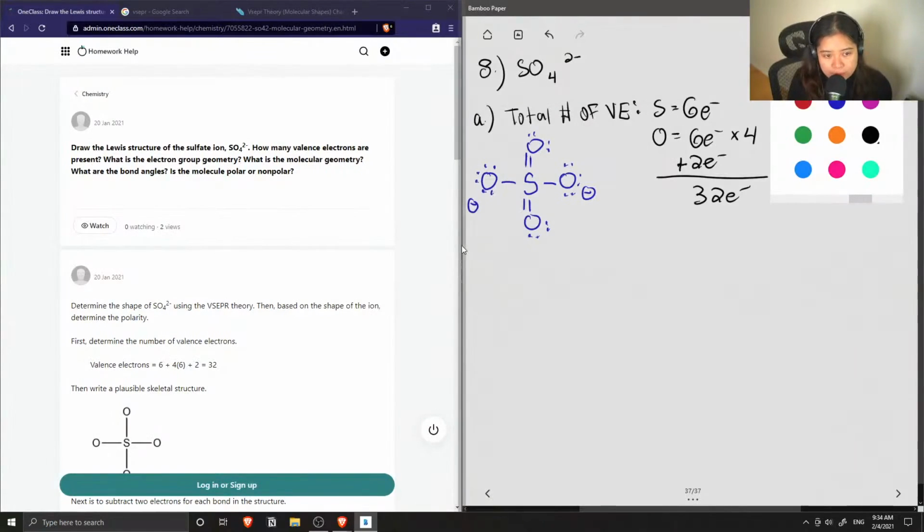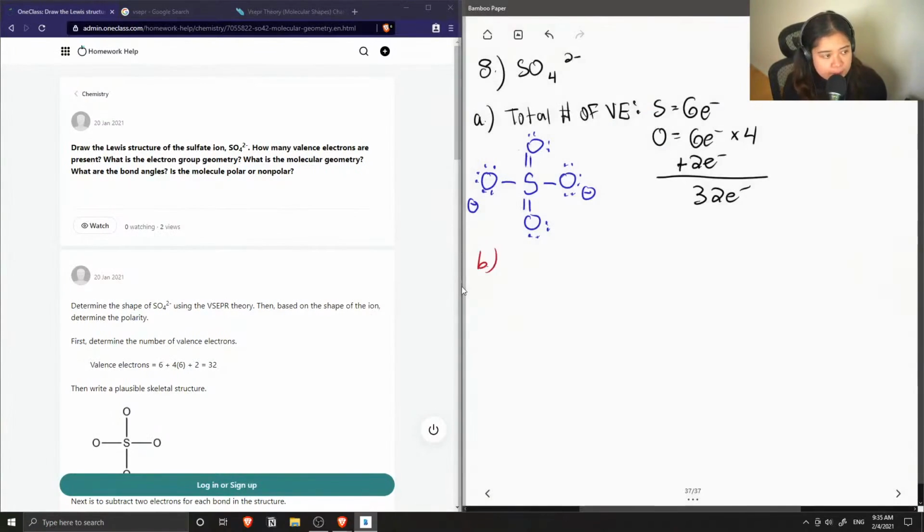Okay, so part B says what is the electron group geometry and what is the molecular geometry. To analyze this, we'll look at our central sulfur atom, and we'll see that there are 0 lone pairs and 4 bonded atoms.